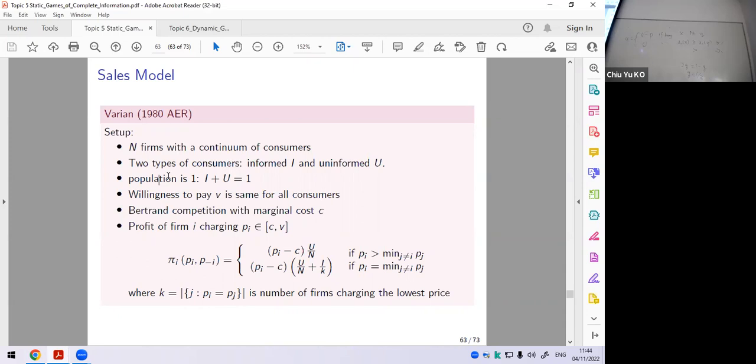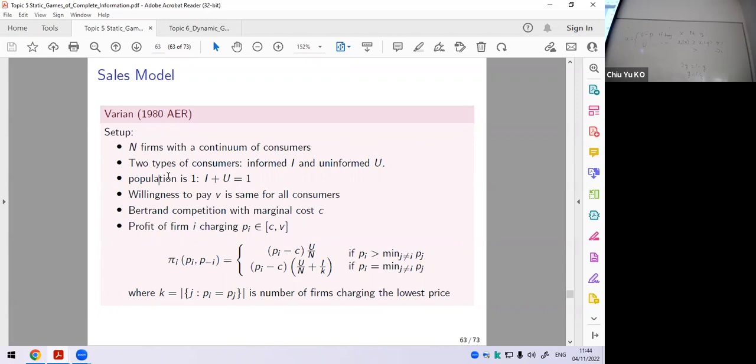So if your price is higher than the minimum, you're not the lowest. What you get is only your uninformed consumers, which are your diehard friends. You can imagine the iPhone: no matter what price, as long as it's not more than V, some people will buy.